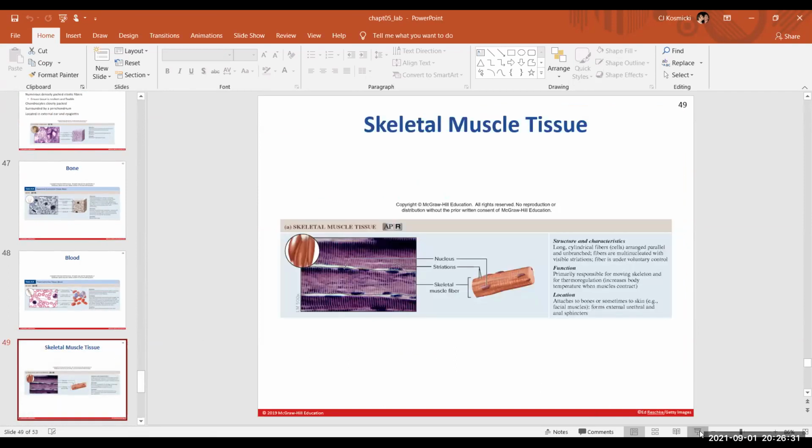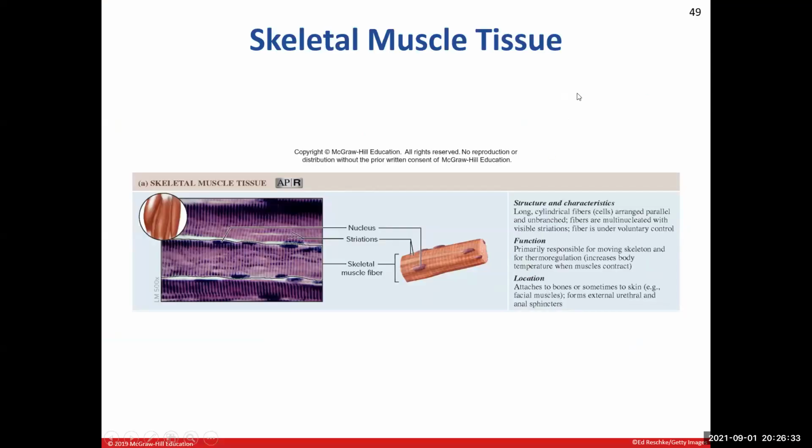The lab lecture portion of this chapter, and then we'll finish up with the labeling. So when we get to the third type of tissue in our body, we've already covered epithelial, and we've covered connective tissue.